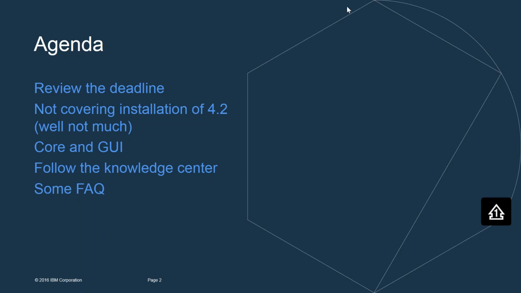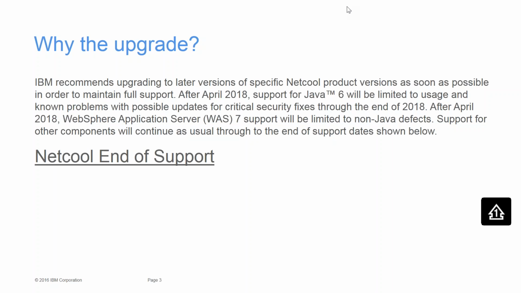This covers both the core and the GUI processes of Network Manager, and most of the slides that you're going to see are right out of the Knowledge Center. It's a little lengthy. I've just condensed it with some screenshots. I have lots of links that you can look at later when you download the PDF. You can just click some of the links that I talked about and they take you right to what you need to look at.